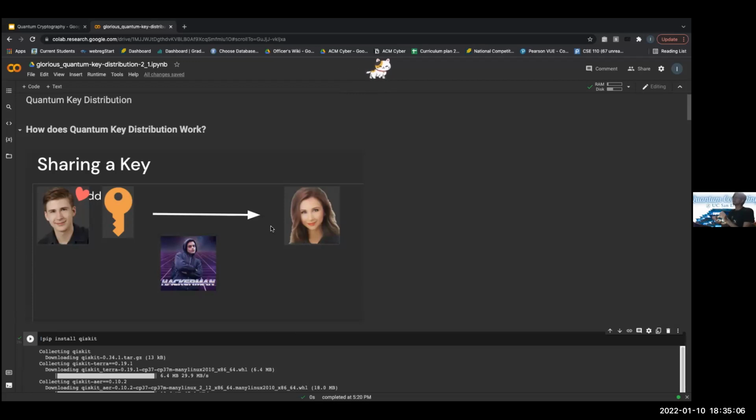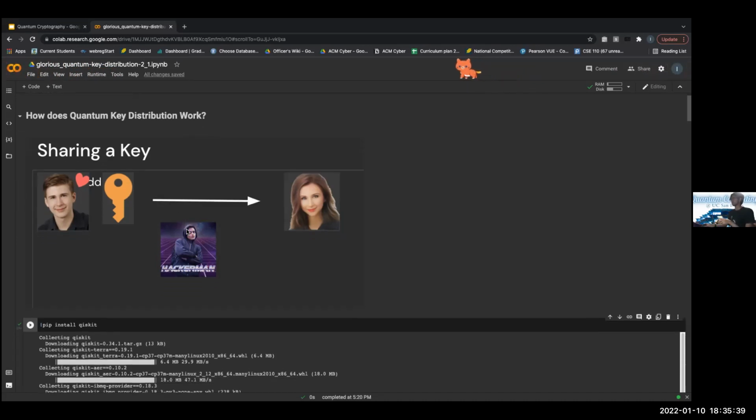They need to be encrypted because eavesdroppers like Hackerman over here want to hear what they're saying. And so to encrypt it, they both need to have a key. Now this is going to be a symmetric encryption scheme, so both Aaron and Sharon need to have the same key. The question is, how are they going to give the key to each other without it being possibly intercepted by the eavesdropper?